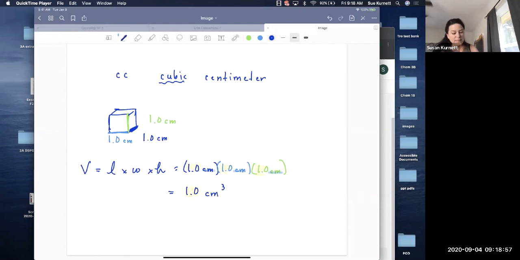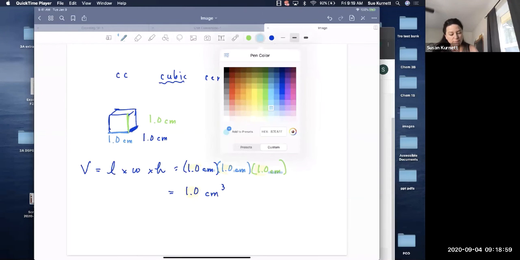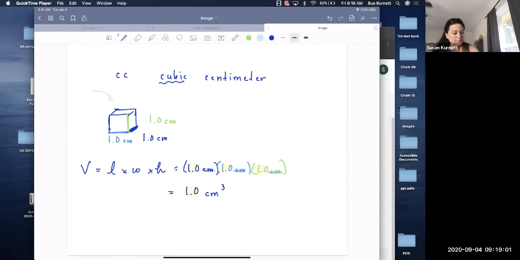And then if I was to fill that with water or anything, any liquid. So I'm going to fill this all the way up. What volume would be occupied? 1.0 milliliters.